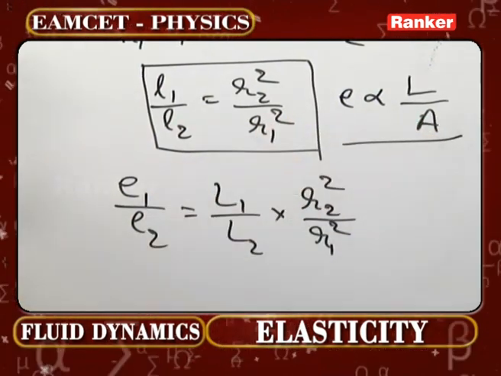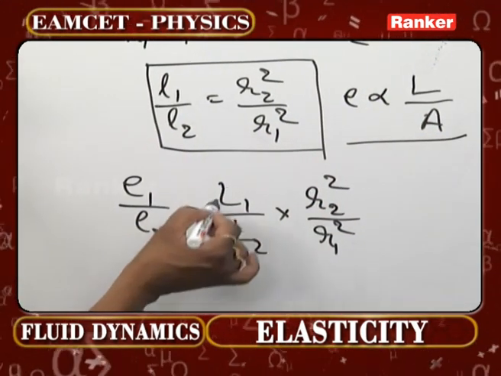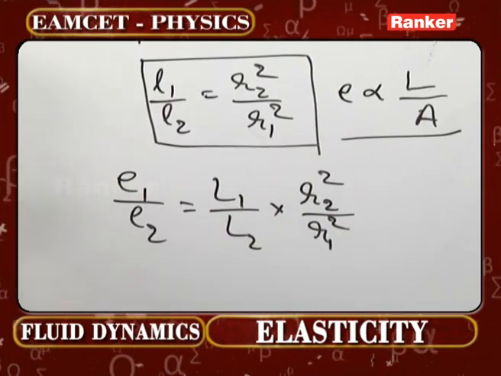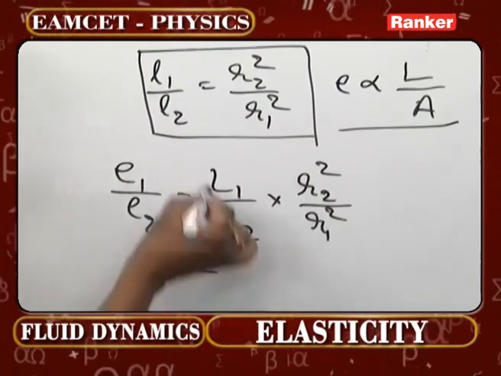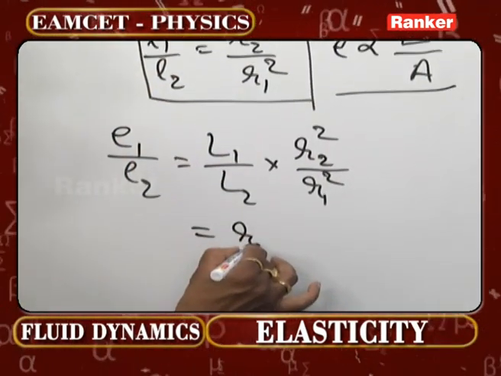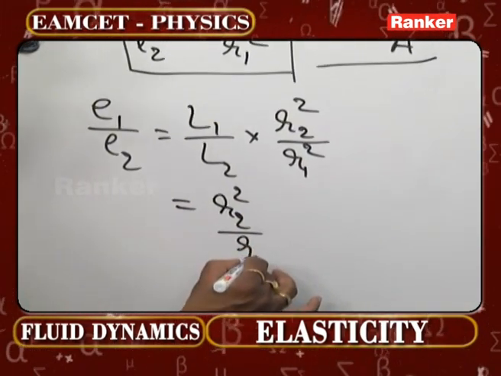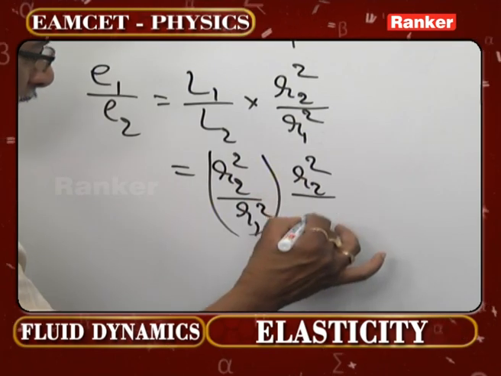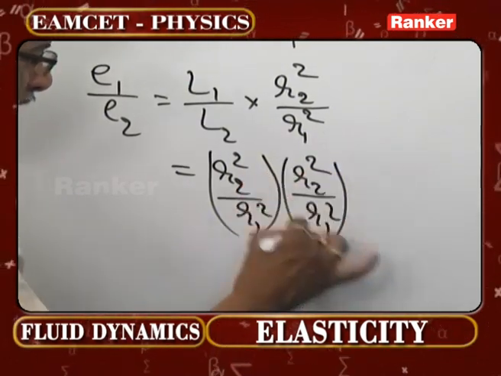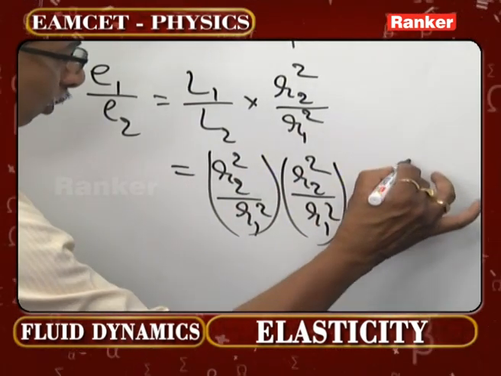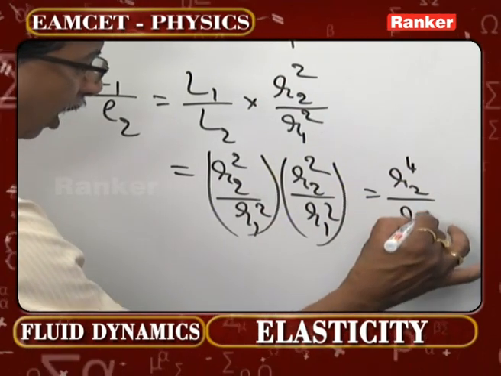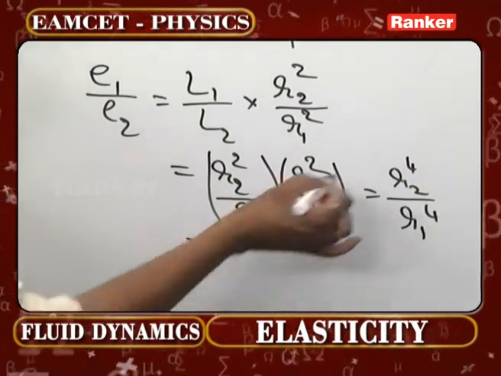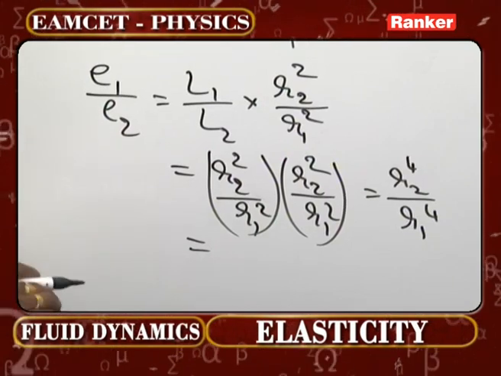Area of cross section is nothing other than pi r square. So L1 by L2 into R2 square by R1 square. But what is L1 by L2 again? R2 square by R1 square into R2 square by R1 square. That in the sense, what are you going to get from this one? It is now R2 to the power 4 by R1 to the power 4. That is going to be the corresponding ratio of elongation.